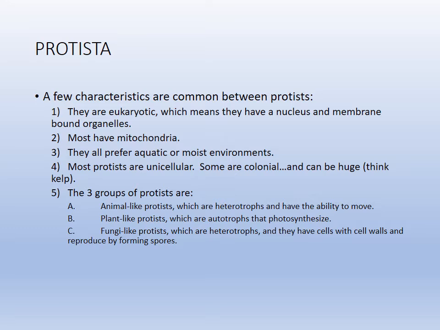Protista, that is the catch-all kingdom because you have animal-like protists, heterotrophs, meaning they have to eat; plant-like protists, autotrophs, meaning they photosynthesize; and fungi-like protists, they're saprophytes, heterotrophically eating, using enzymes dissolving and decaying and then taking in the nutrients, absorbing them.